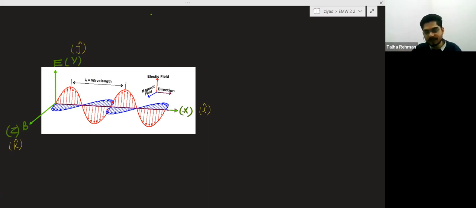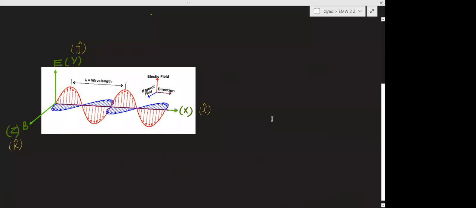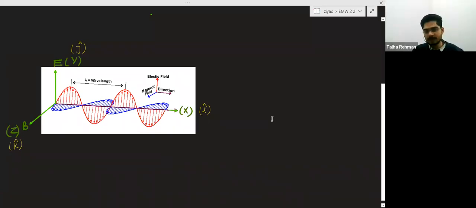There can be a wave in which the electric field can be along z direction or magnetic field can be along x direction. So depending upon the observer, what he or she is considering. So basically we have considered that electric field is oscillating in y direction, magnetic field is oscillating in z direction, and direction of the propagation of the wave is along x direction.